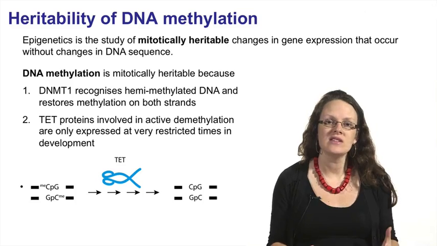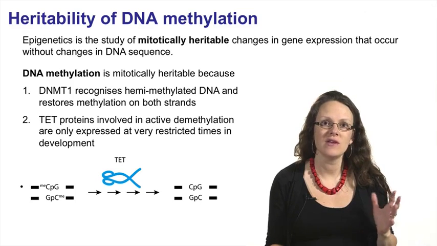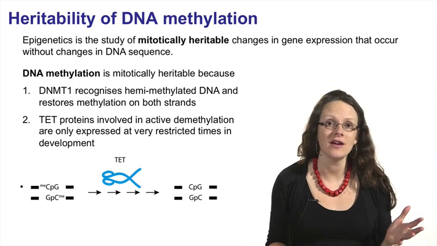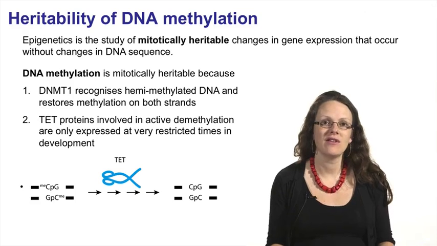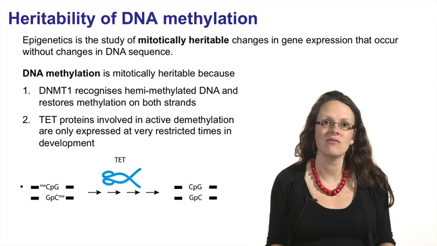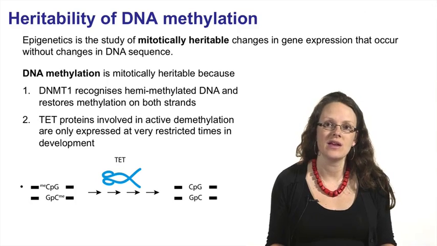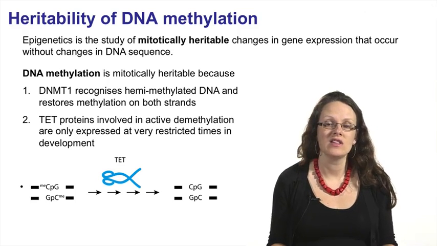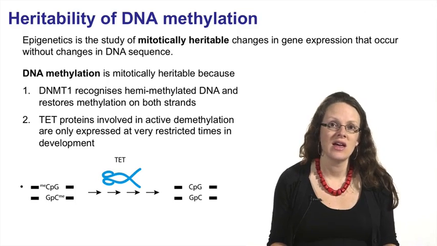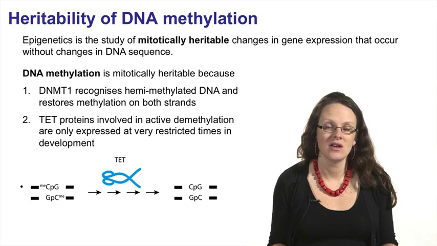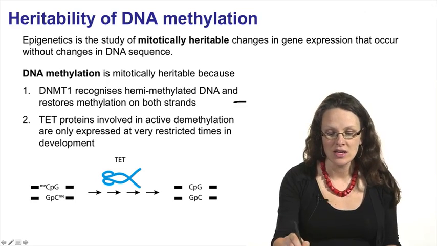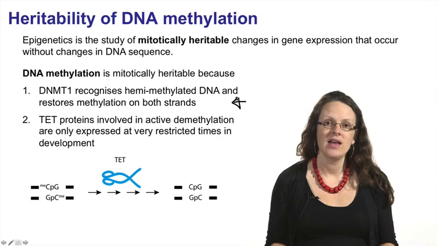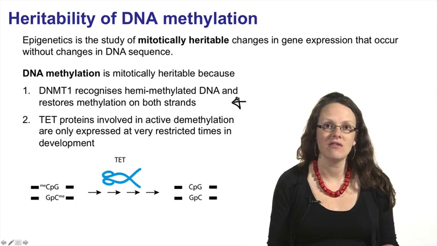Well, the reason this works is that not only do you have DNMT1 around almost all the time, but the TET proteins are in fact very rarely expressed. They're very rarely found being made into their protein products. Instead, TET proteins are really only being expressed in primordial germ cells and again in embryonic stem cells. And so the predominant mechanism is that of DNMT1, and the TET proteins really are found very infrequently.